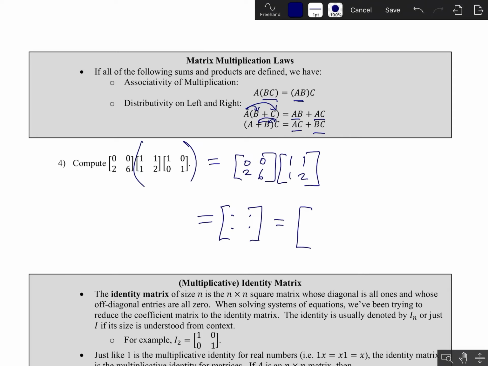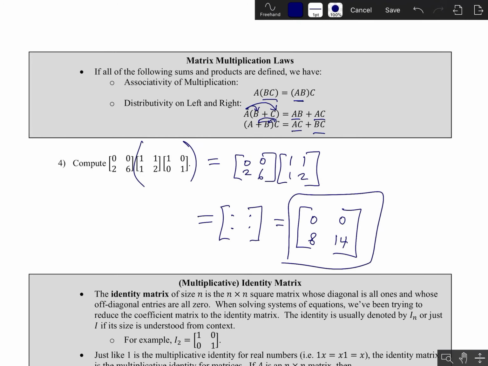And we'll compute its entries individually. So if I want the 1, 1 entry, I would take the product of the first row and the first column. That should be a 0. The product of the first row second column is also a 0. The product of the second row first column is going to be an 8. And the product of the second row and second column is going to be a 14.